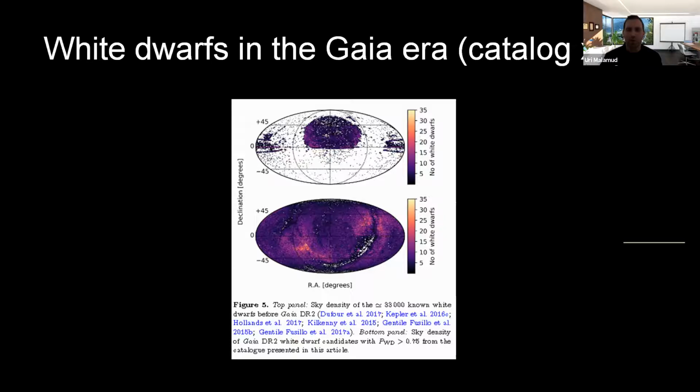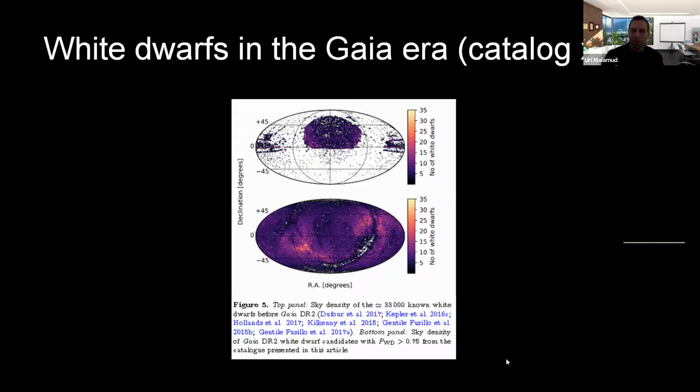So just before I go to the second part of the talk, I would just like to mention that in recent years, we have the Gaia Space Telescope, which determines the parallax, the distance to other stars, and maps the near neighborhood of our galaxy. And with Gaia, there is really an explosion in the number of known white dwarfs.